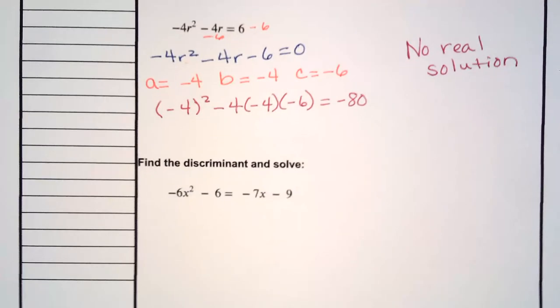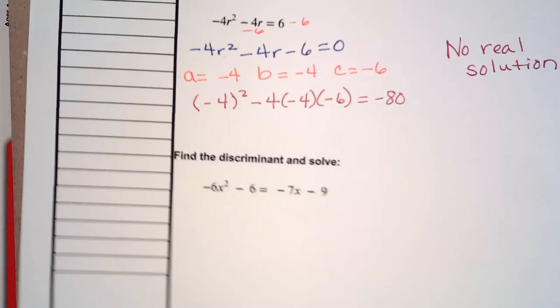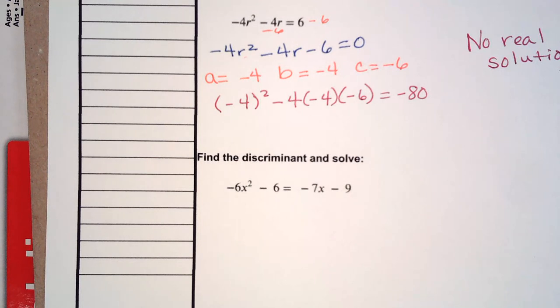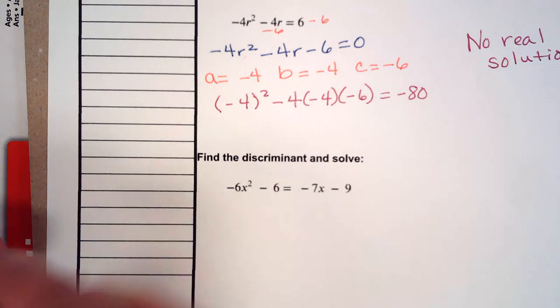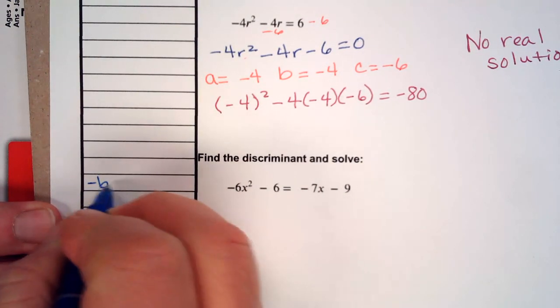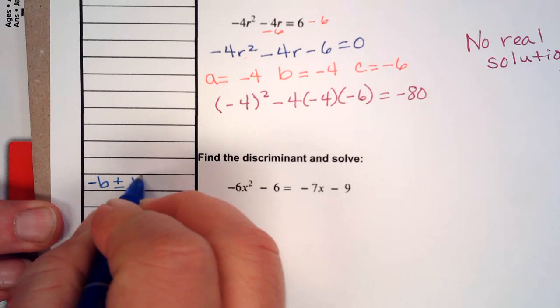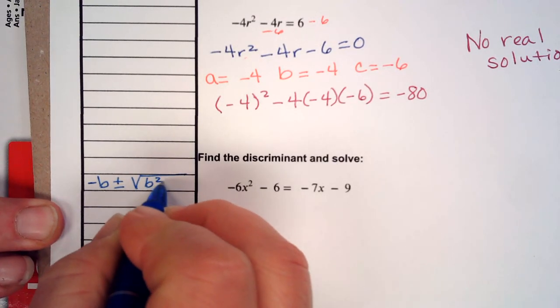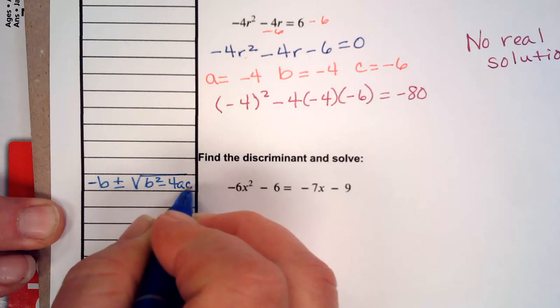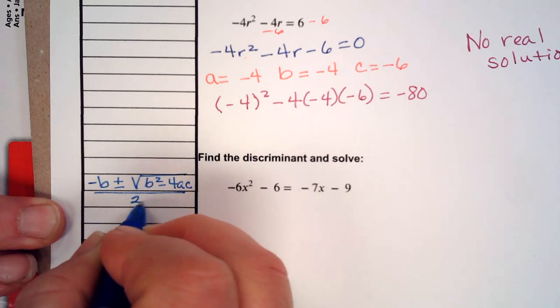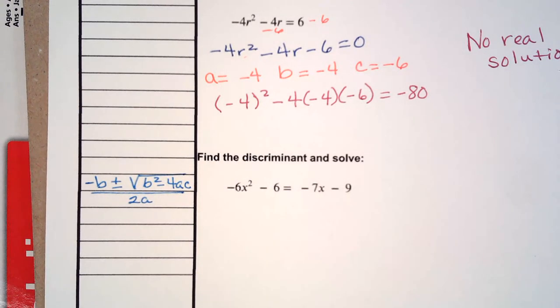Okay, now let's put it all together. Remember, the quadratic formula is the opposite of b plus or minus the square root of b squared minus 4ac all over 2a. Is it set up ready to solve? No. So I can go either way. It doesn't matter.